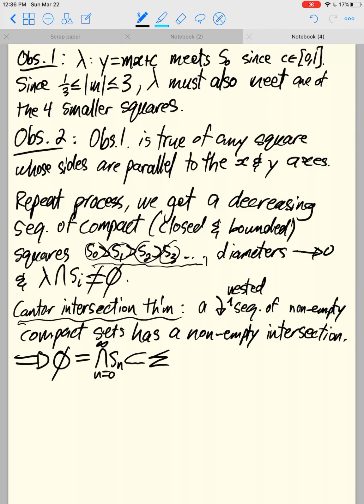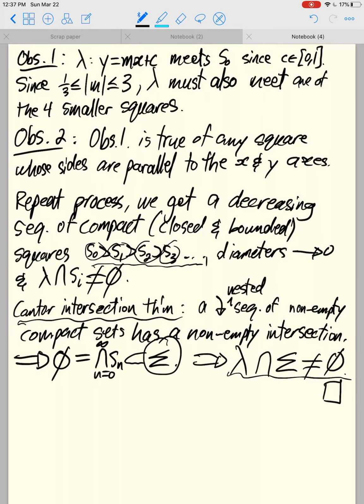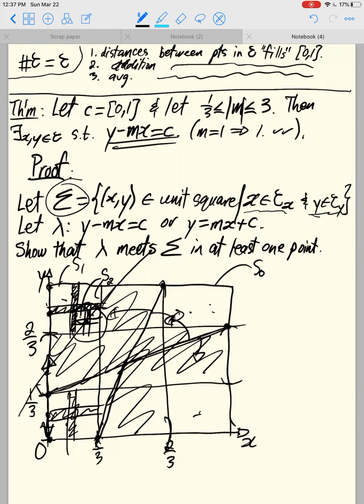And so now we've shown basically that this line lambda intersects the set sigma, which is what we set out to do initially, which concludes the proof of this more general theorem.